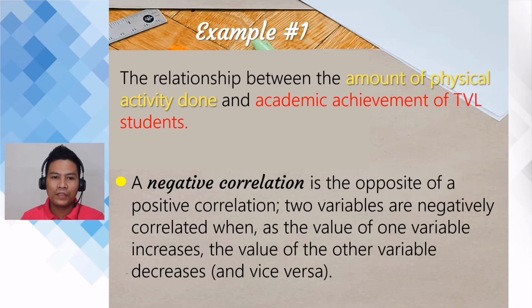For example, in this given situation, the relationship between the amount of physical activity done and academic achievement of TVL students: if the amount of physical activity done increases, the academic achievement of TVL students decreases. If the amount of physical activity done decreases, the academic achievement of TVL students increases. So that's a negative correlation.